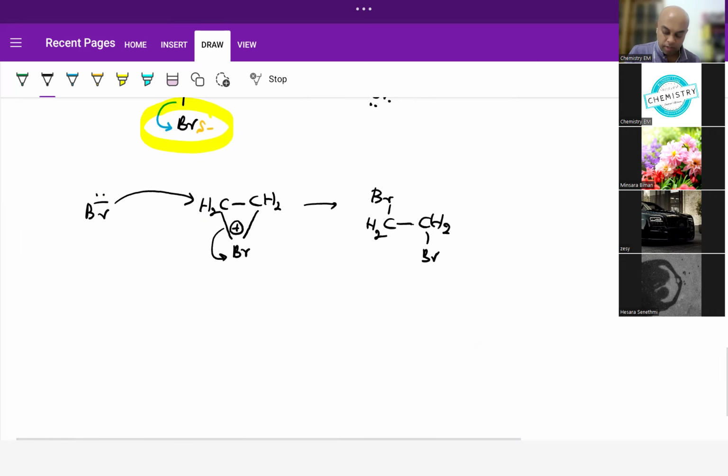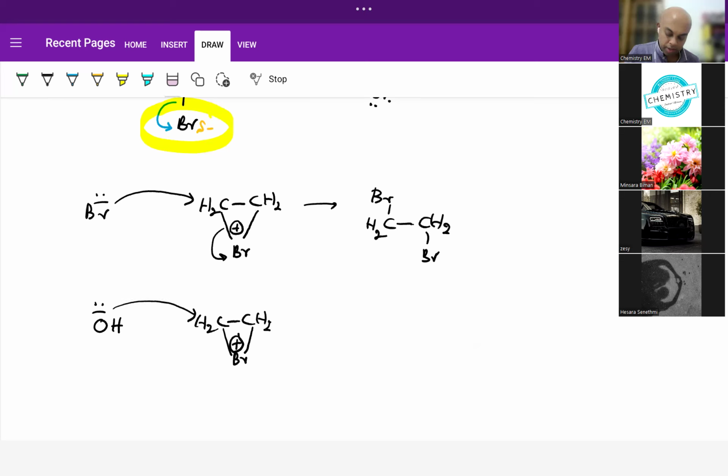So imagine that we have an aqueous medium here. Then OH minus will be there inside the medium, and it will be attacking this carbocation. Then this will attack here. Not the hydrogen atom, but the carbon atom it will be attacking.